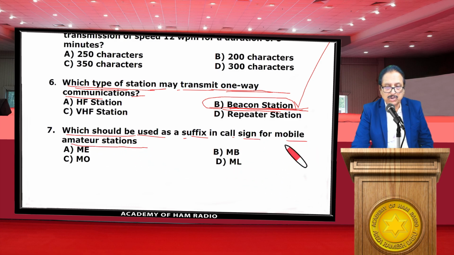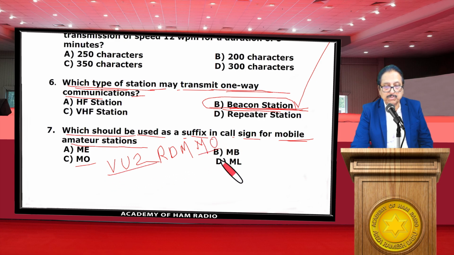Which should be used as a suffix in a call sign for amateur stations? Suffix means whatever comes after our call sign. For example, my call sign is VU2RDM. So if I am going on mobile operation, that means operating from a vehicle, a car or bus, I have to add MO.